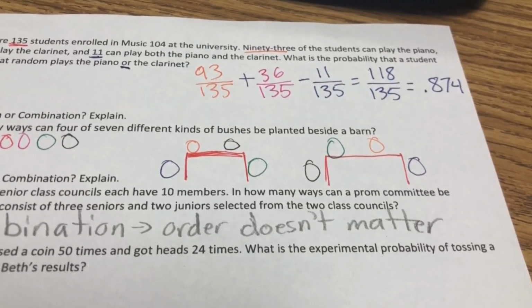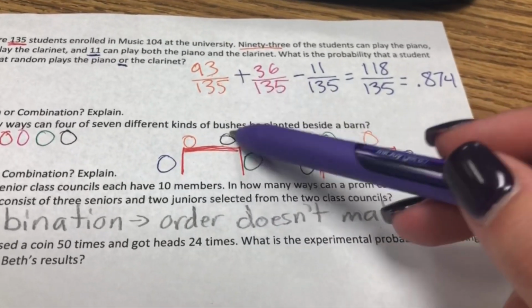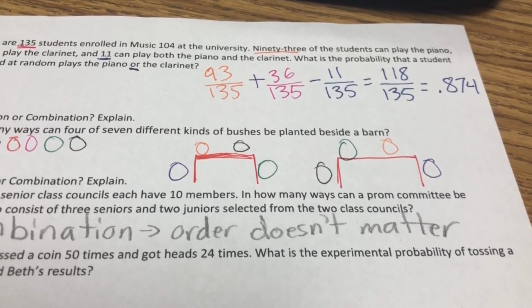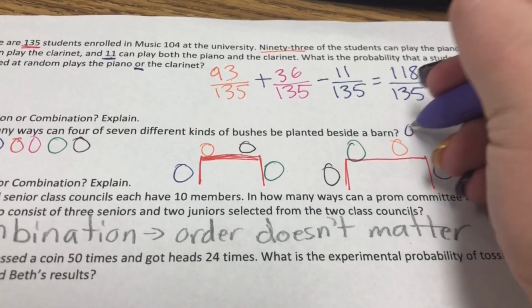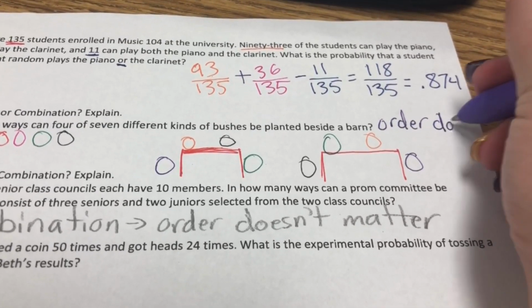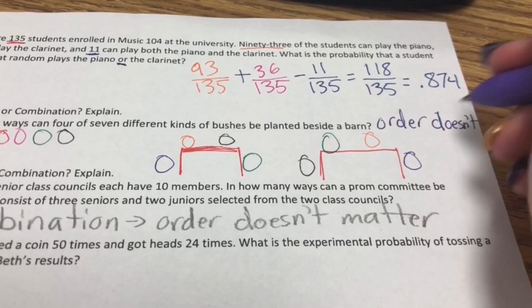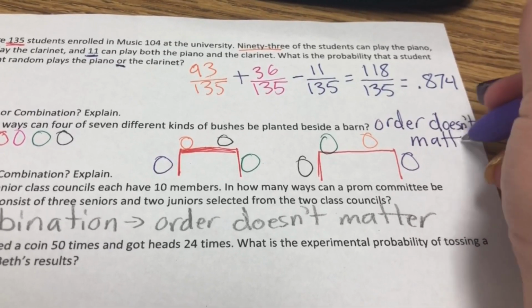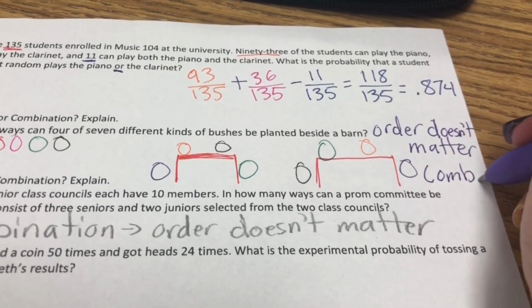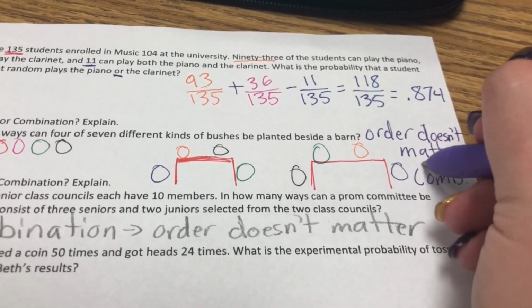It would not change the fact that the purple, orange, black, and green bushes are planted. So in this case, order does not matter. So that means it is a combination. So that would be your answer.